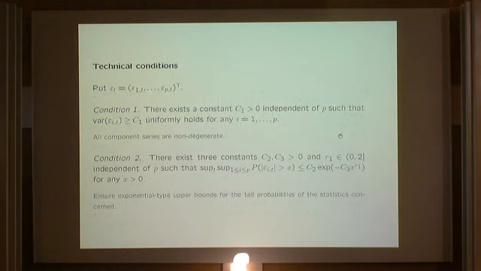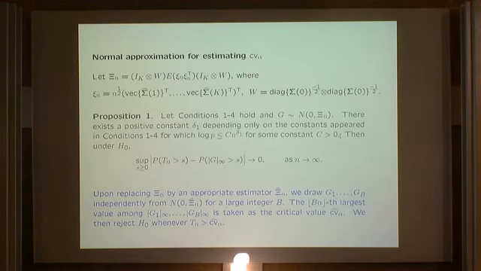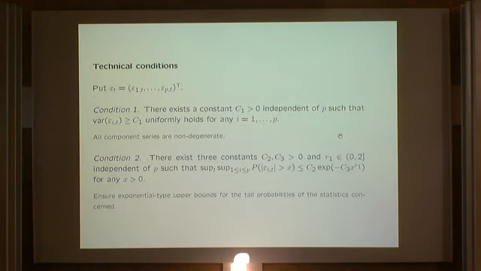Let's look at the technical conditions quickly. First, we require that all observed data have a variance, and the variance has a uniform lower bound. This is because we need the uniform convergence, and basically this requires all components are not degenerate.